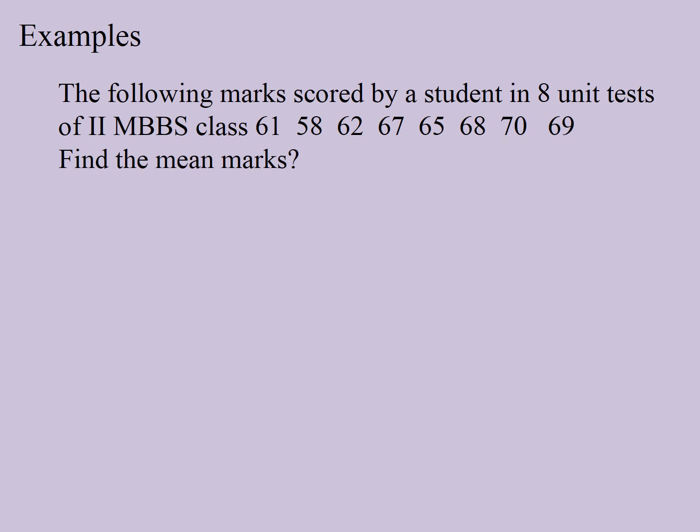The following marks were scored by a student in 8 unit tests of second MBBS class, and the marks are 61, 58, 62, 67, 65, 68, 70 and 69. So how will you calculate the arithmetic mean of this data set?